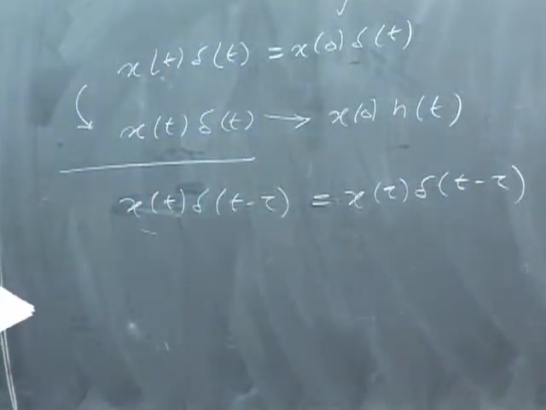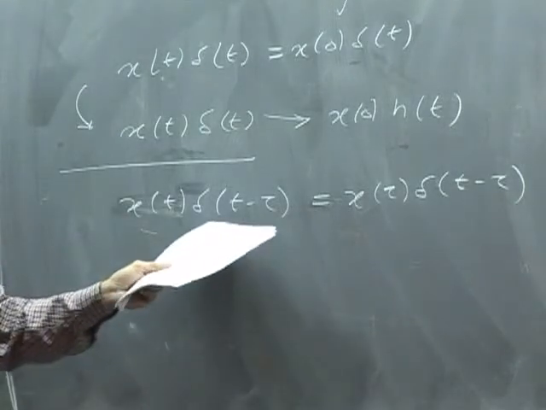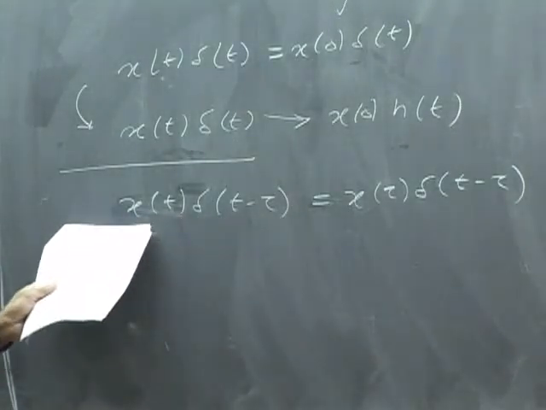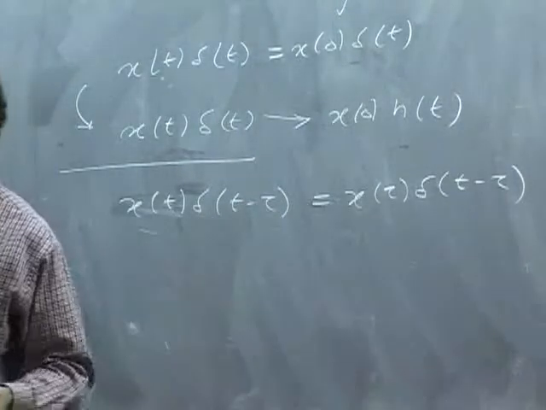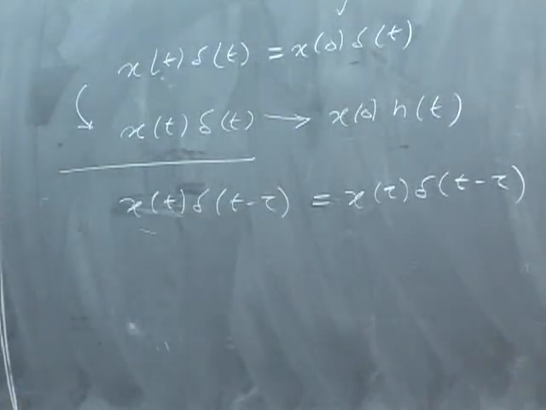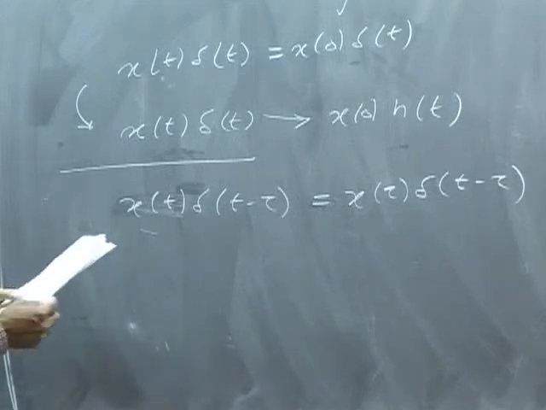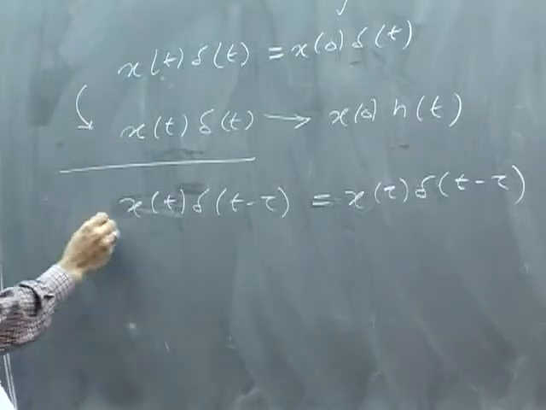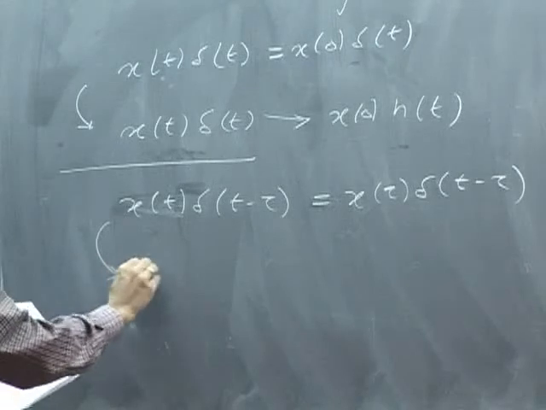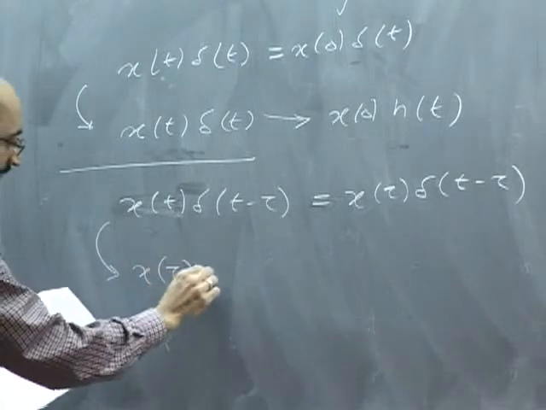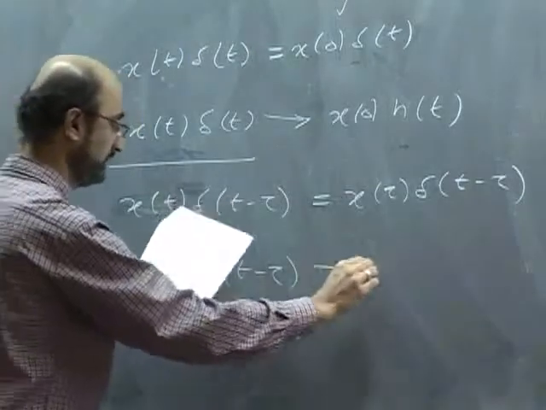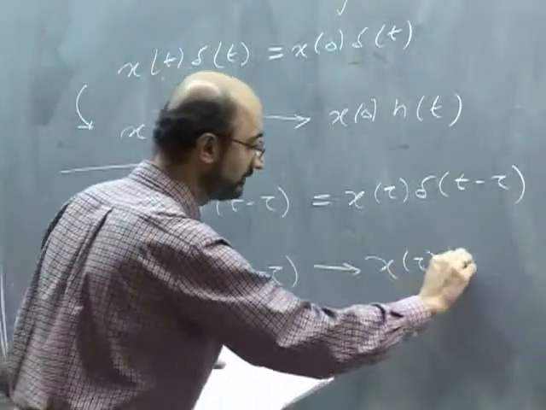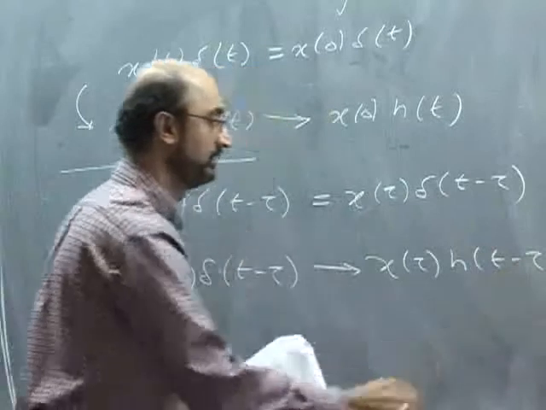All I'm doing over here is saying that the time shifted impulse is picking up just one value, which is the tau value, by definition of delta as being a selector. Okay, this is just repeating the old thing. And so using the same kind of inference, we can say that x(tau) delta(t minus tau) leads to x(tau) h(t minus tau).